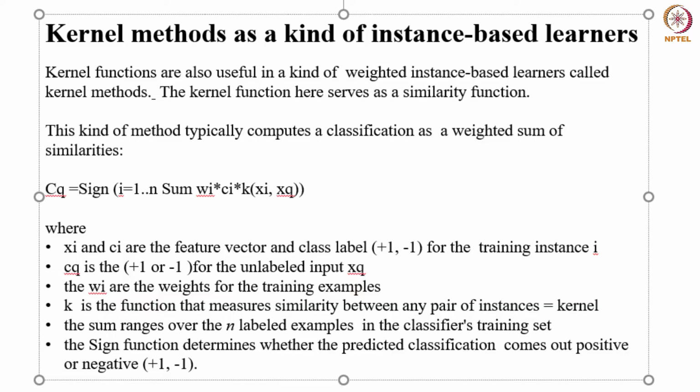Kernel functions are also useful in a kind of weighted instance-based learners called kernel methods. The kernel function here serves as a similarity function. This kind of method typically computes a classification as a weighted sum of similarities.